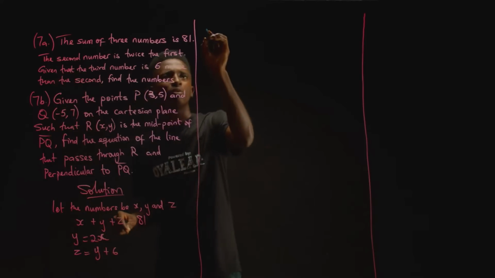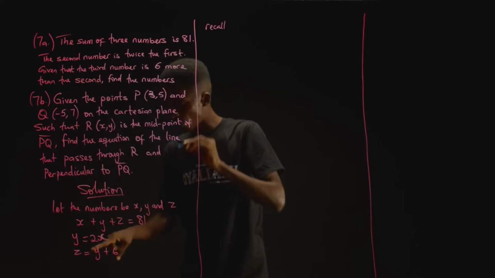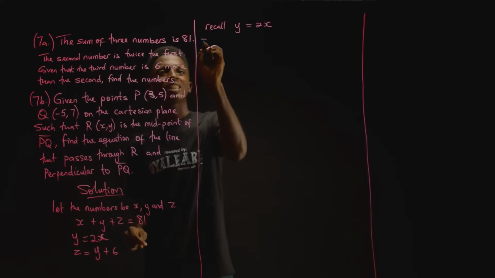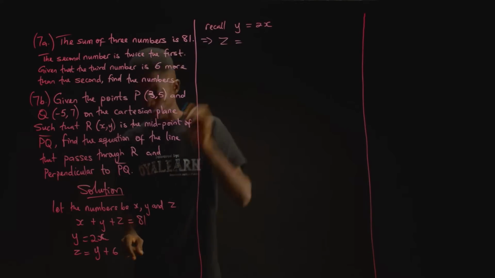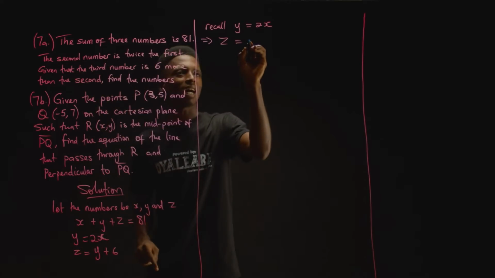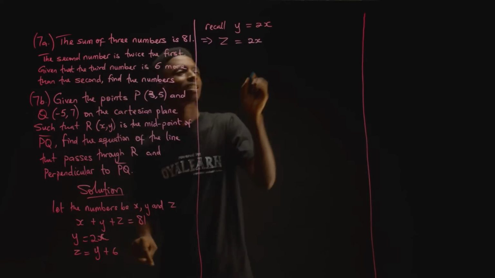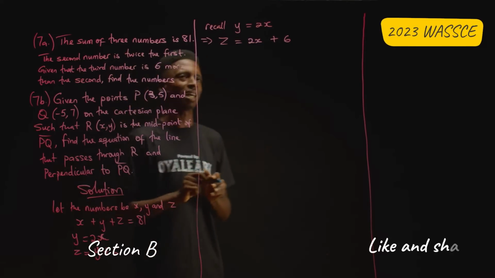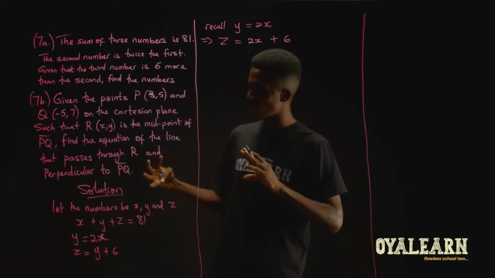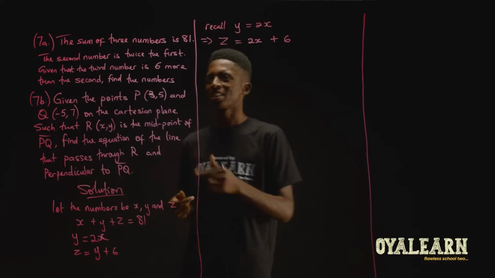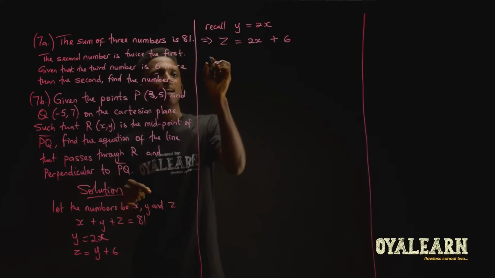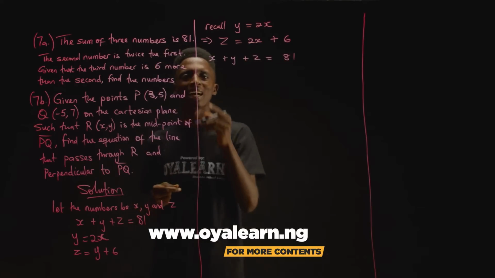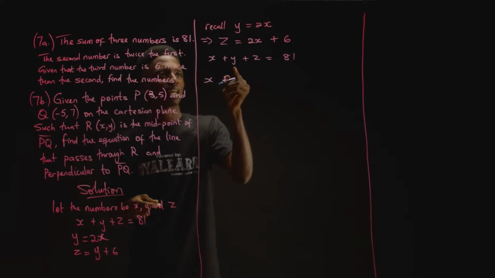Right? Now recall that we have already seen that y equals 2x. Now this implies that z equals, that instead of y here, I will then have 2x, right? Then plus 6. So now we have a definition for each of these numbers in terms of x. So all we need to do is now add this together and give our answer as 81. Therefore, x plus y plus z equals 81 can then be written as x plus, now what is y?